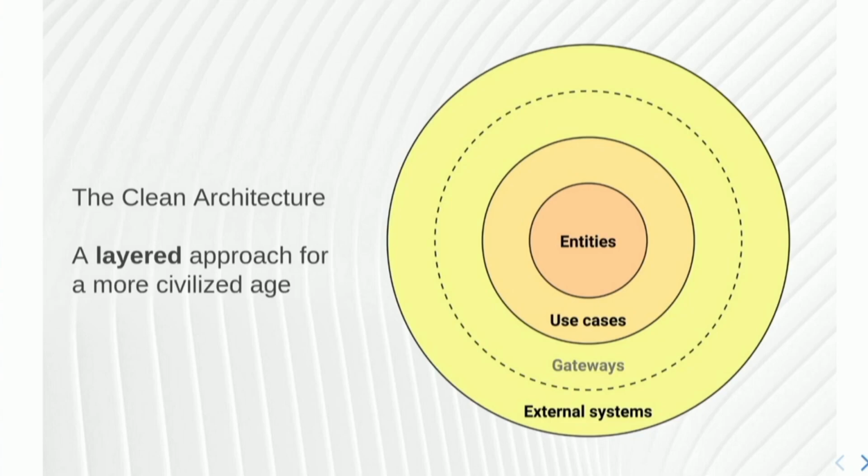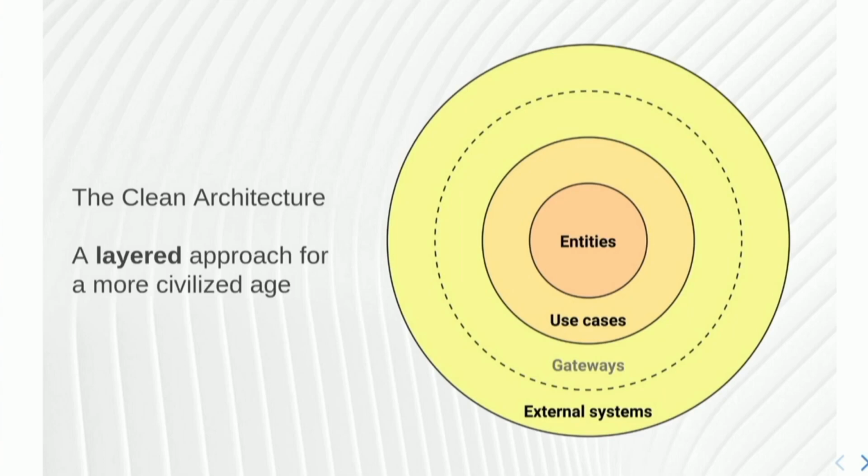But I'm going to use the same name. It's important for me to stress that the concepts that Robert Martin dubbed the clean architecture predate his work. So they have been around for a long while. So let's call it the clean architecture, but it's a set of concepts that predate what Robert Martin did.